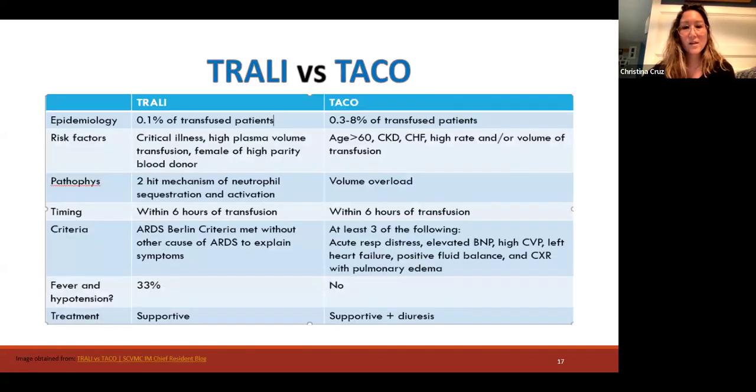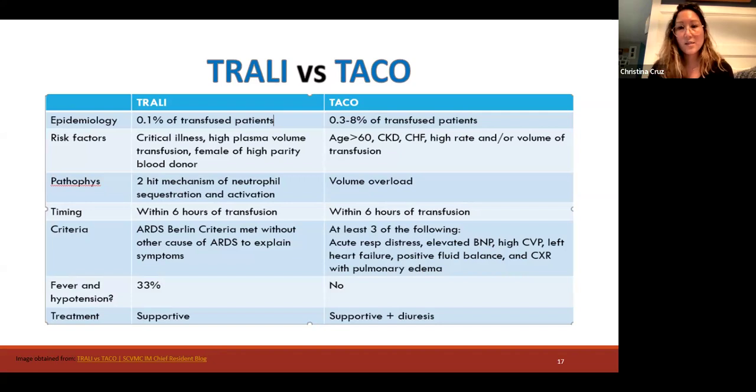This is just a table that compares TRALI versus TACO. TRALI is a transfusion-related acute lung injury versus TACO, which is a transfusion-associated circulatory overload. And you can see here that TACO is more prevalent versus TRALI, and that a lot of our dialysis patients will fall under being at risk for TACO.